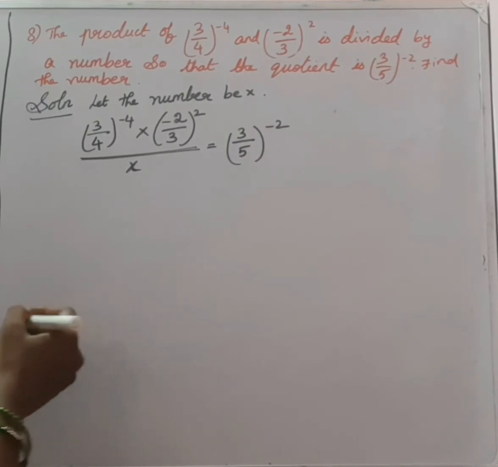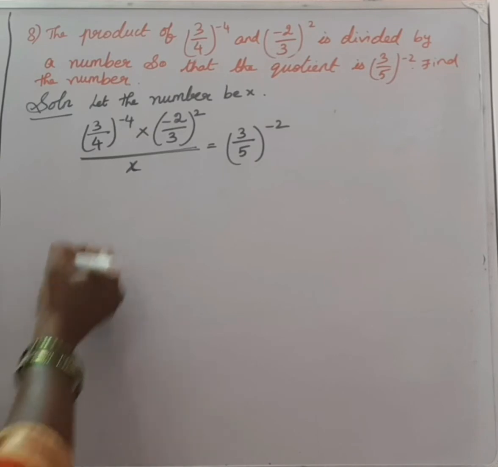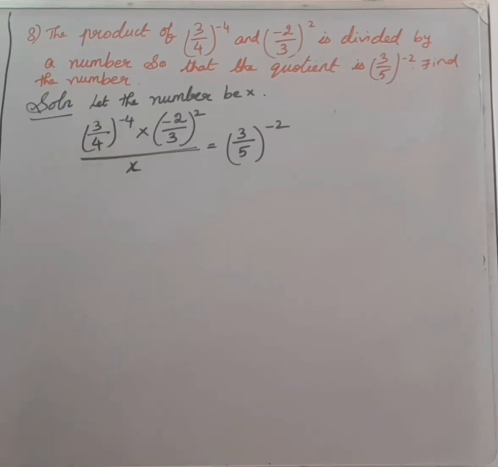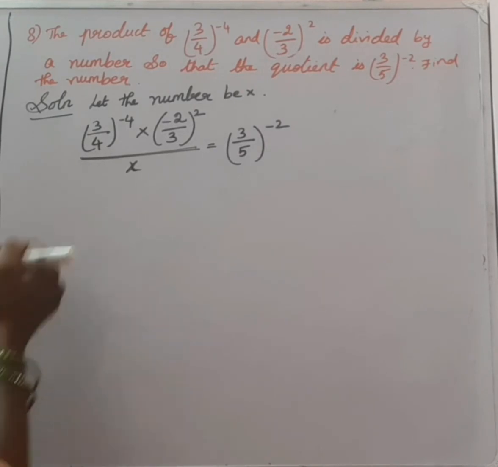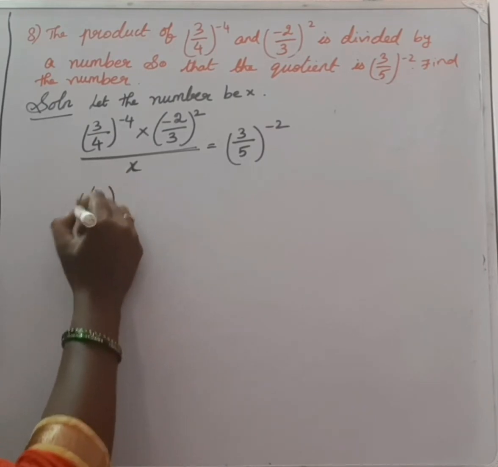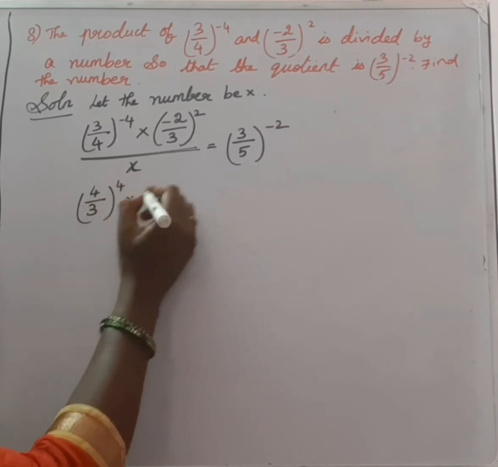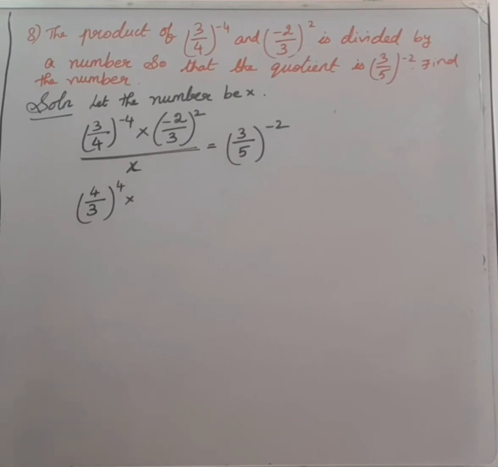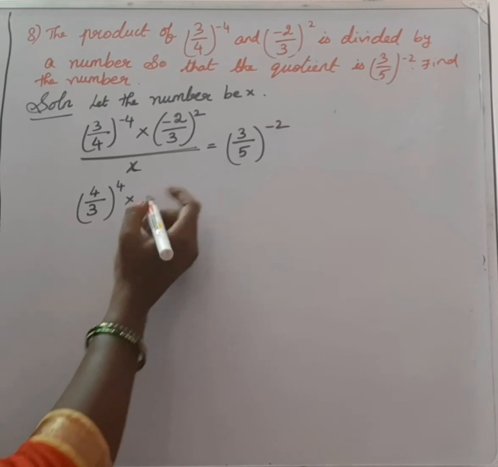Now the first step is we want to convert the powers to positive. So the first one will be converted to a positive power by taking the reciprocal of the first number. So (4/3) the whole power 4, into... here we have a minus, but the power is positive only, so split that minus from the remaining rational number.